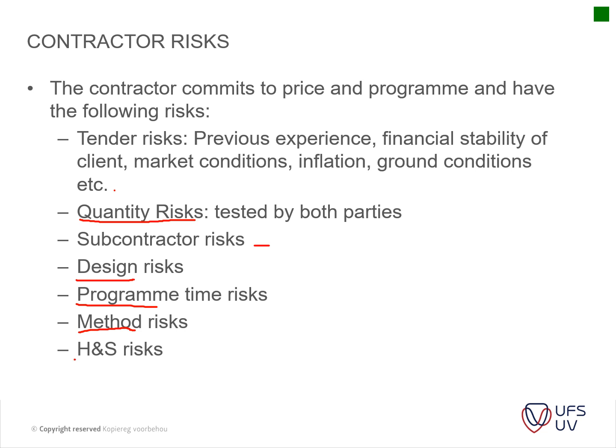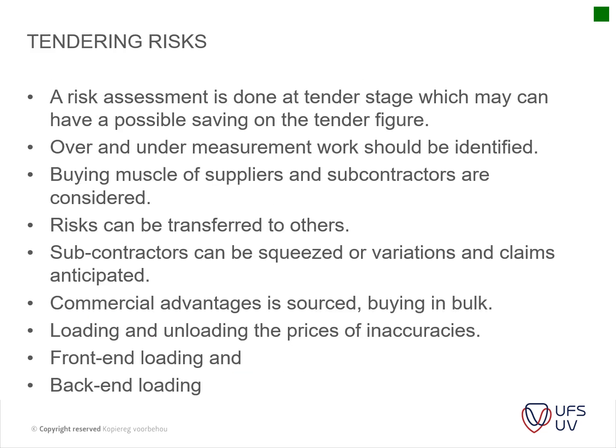And then obviously you have health and safety risks, and then documentation, unrealistic terms set by the client and the consultants. For instance, timelines is usually one. Clients usually push the envelope, and you have to be very clear about that risk and try to mitigate it.